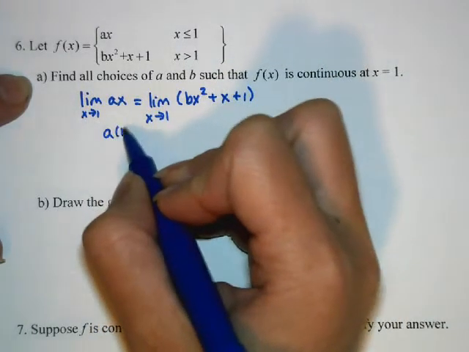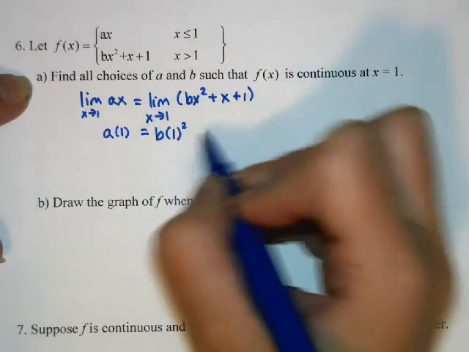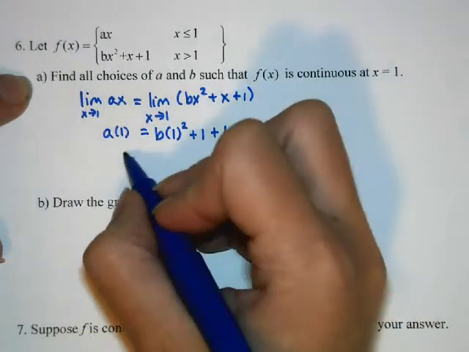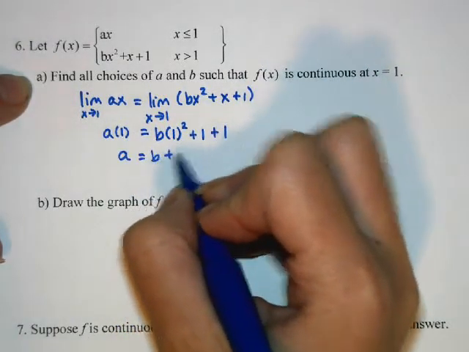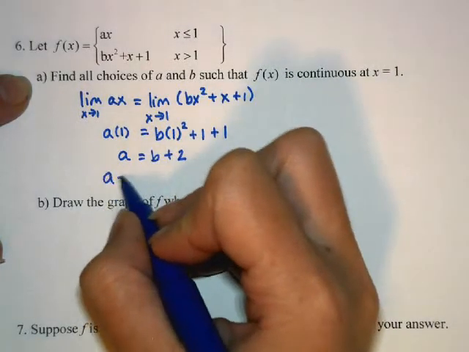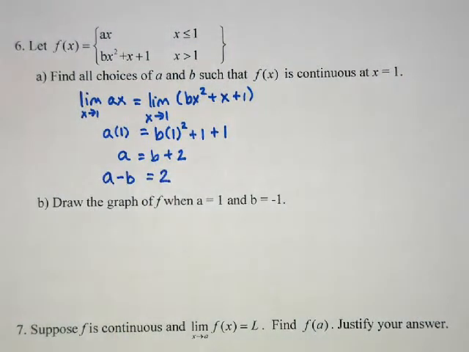So this would be a times 1. This side would be b times 1 squared plus 1 plus 1. So a equals b plus 2. So any value where a minus b is equal to 2 will make this continuous.